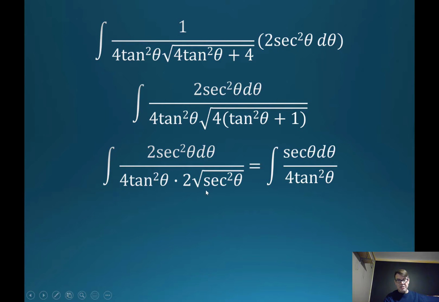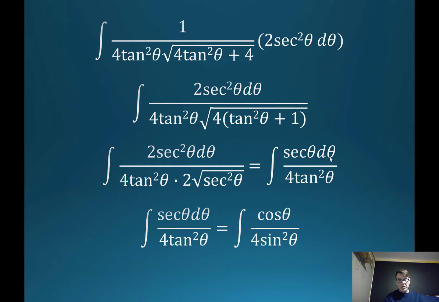The 2 cancels out, right? So the 2's went away. The 4 stayed. One of the secants down here canceled out one of the secants up here. So we're just left with secant of theta on the top, and then the 4 tangent of theta. So see how it's become a little bit easier to manage now. So where do we go next?